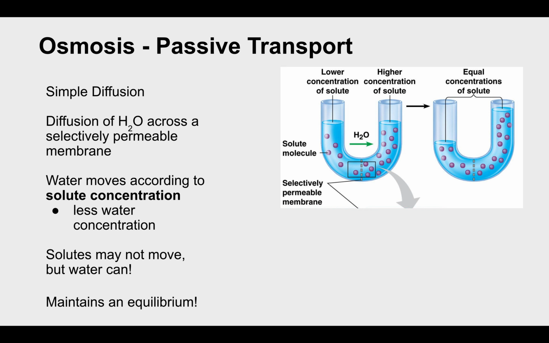So we're moving according to the solute concentration. The solutes might not be able to move through that semipermeable membrane, but water can. Water doesn't need a transport membrane. It can move right through the phospholipid bilayer. So we're maintaining this equilibrium.